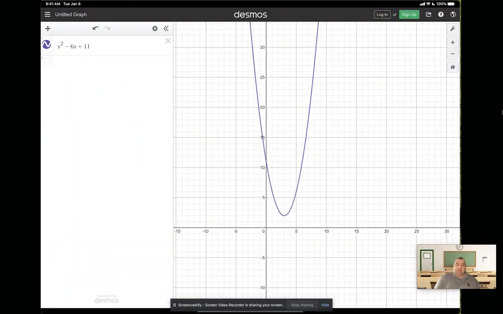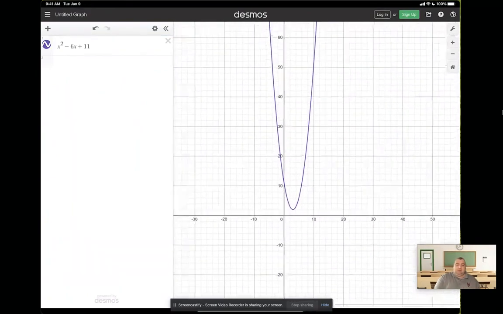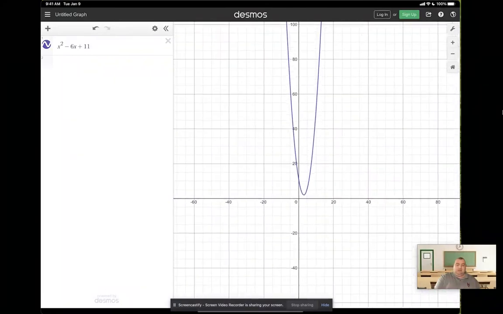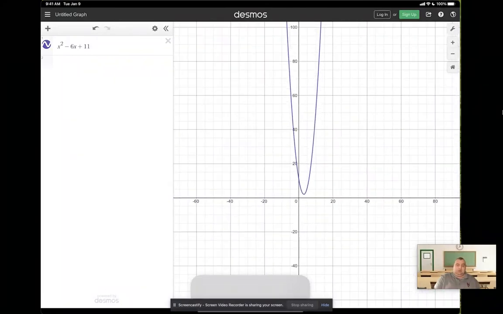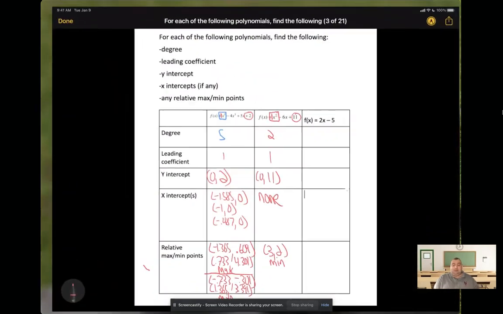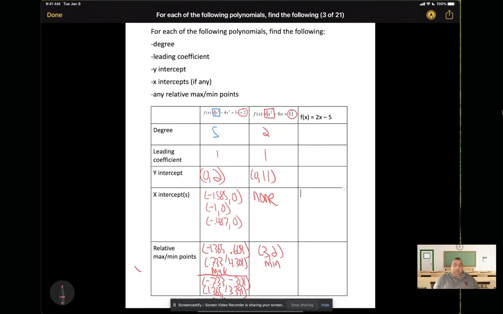Well, if I keep zooming out, there never is a maximum point. So this particular graph is a lot simpler than the other one. It has one minimum point at 3, comma 2 and no maximum points.